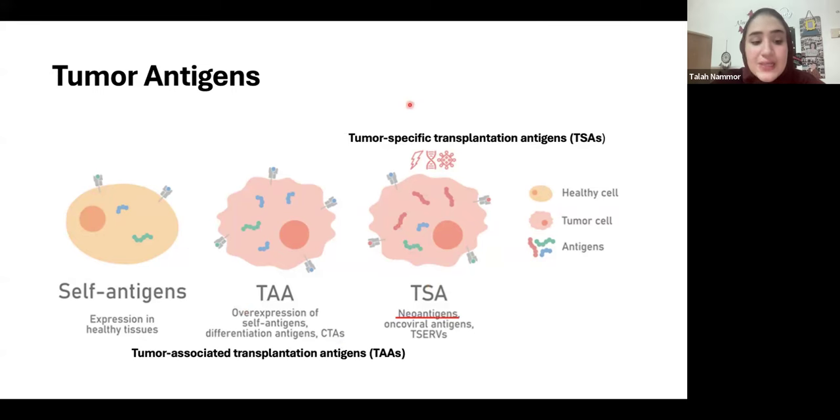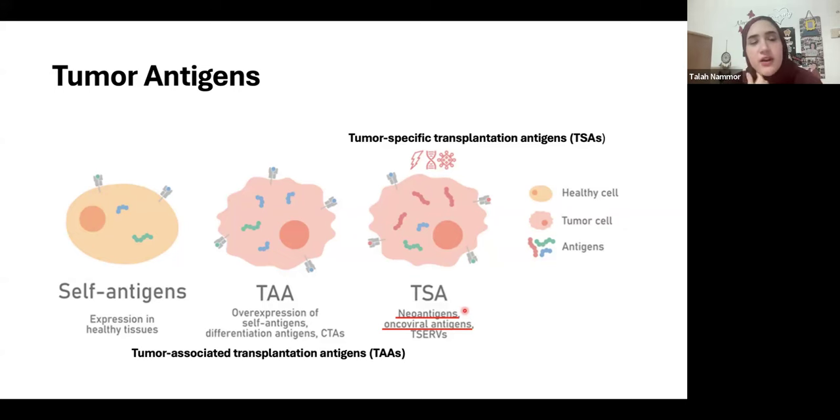Now, the tumor-specific ones are caused by neoantigens, or basically new structures that are introduced into our body, or they're caused by oncoviral antigens. You know how certain viruses can cause cancer, like EBV, what else? I don't know, guys, like HPV.